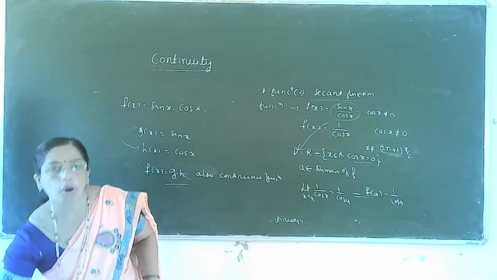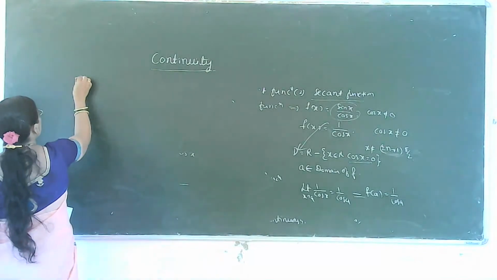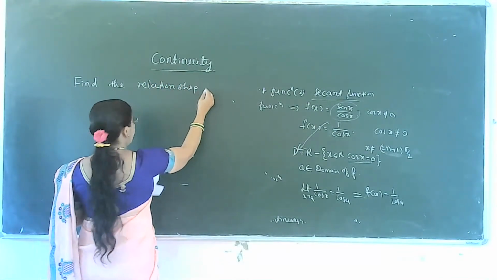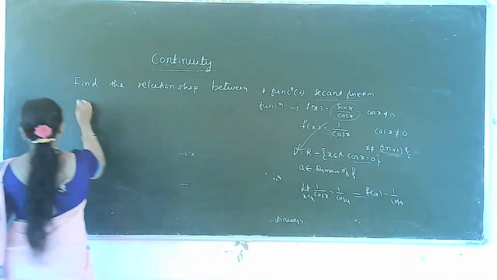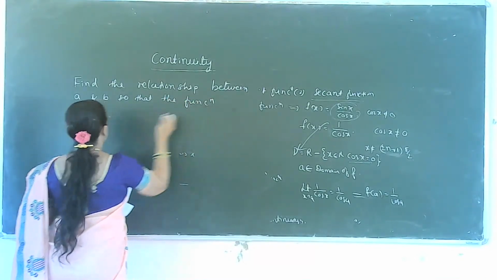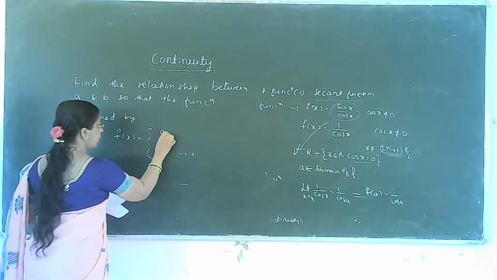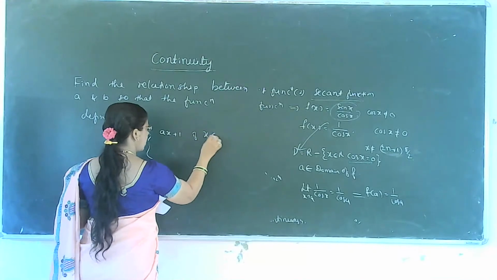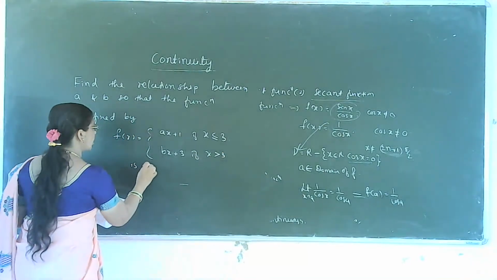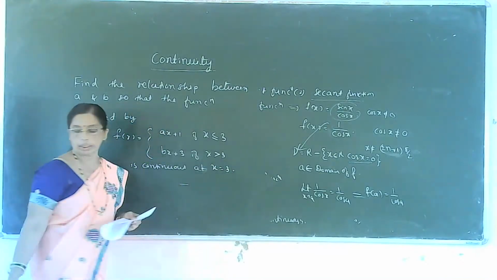And we can solve one more problem here. Find the relationship between a and b so that the function defined by f of x equal to ax plus 1 if x is less than or equal to 3, bx plus 3 if x is greater than 3, is continuous at x equal to 3.